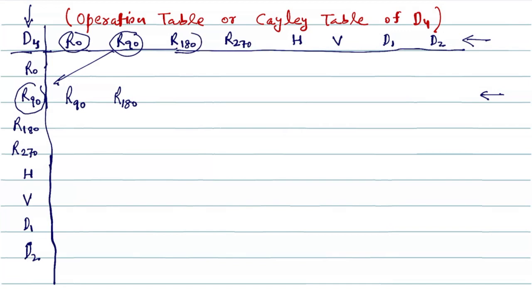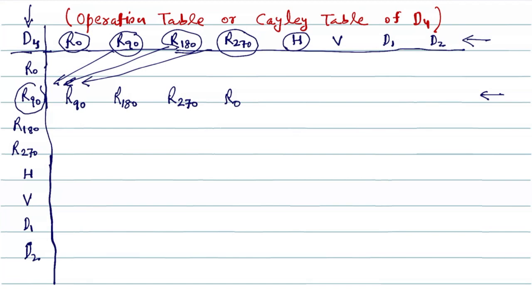Similarly, R180 followed by R90 gives us the rotation R270. Then a rotation of 270 degrees followed by a rotation of 90 degrees gives us a rotation of 360 degrees, that means no rotation at all. So we get R0.